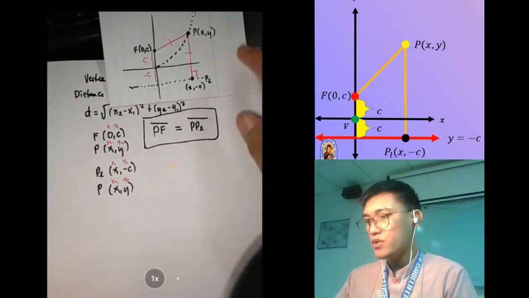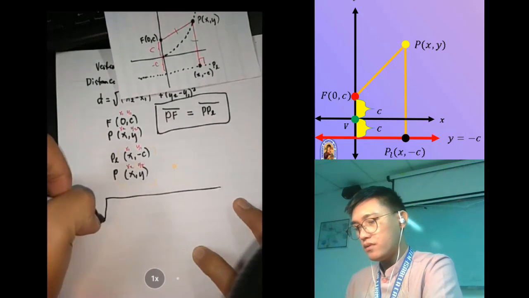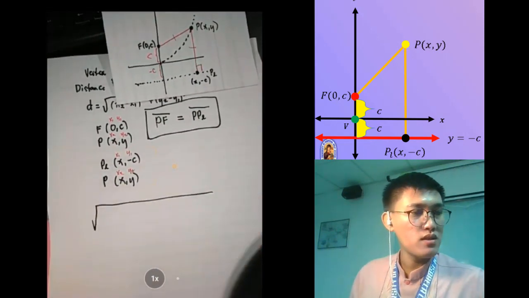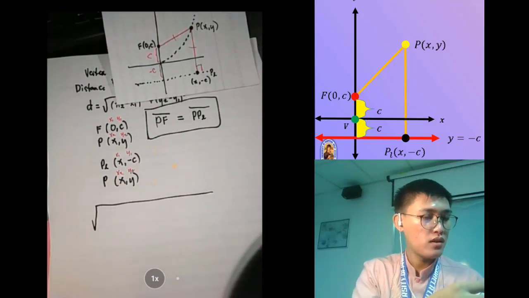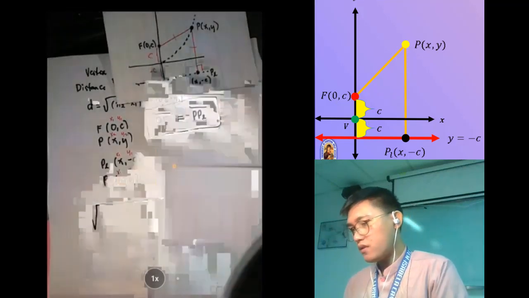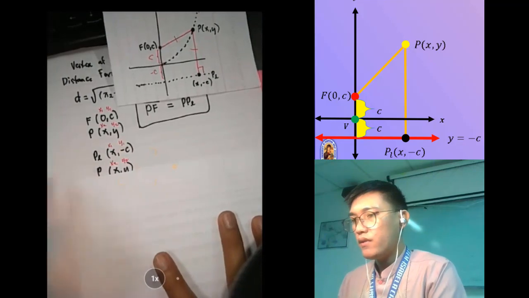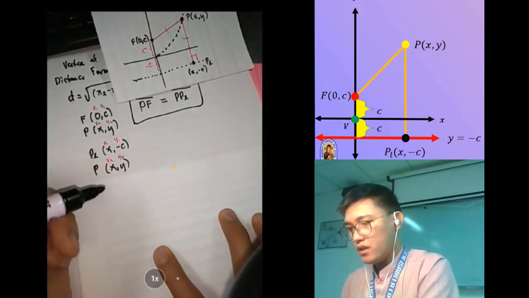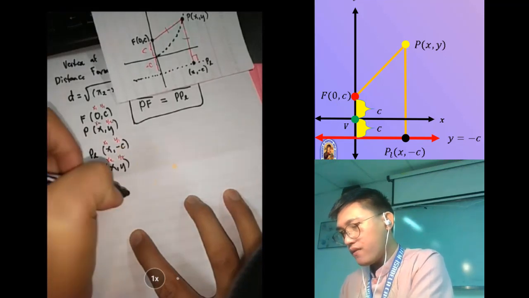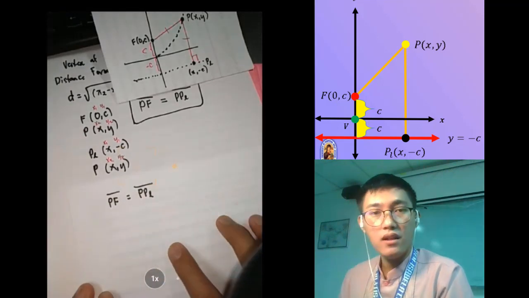Alright, so let's proceed. According to the distance formula, let us use another sheet of paper. So according to the formula, we have segment PF is equal to segment PL.